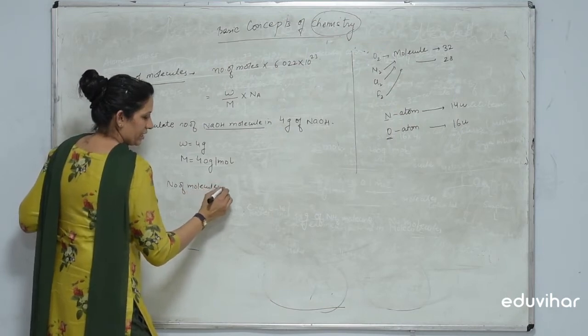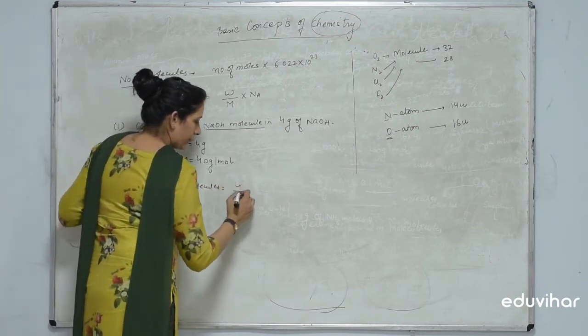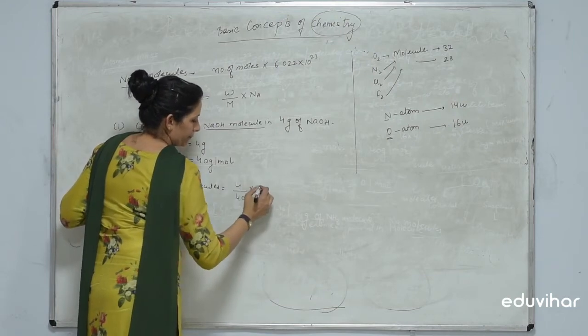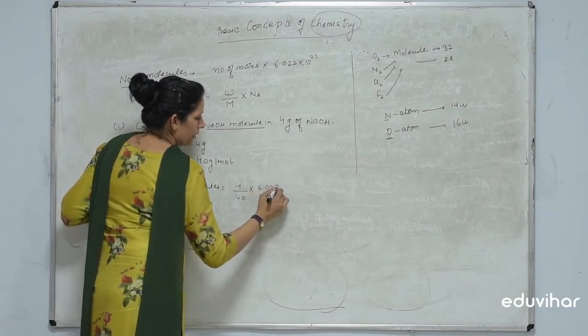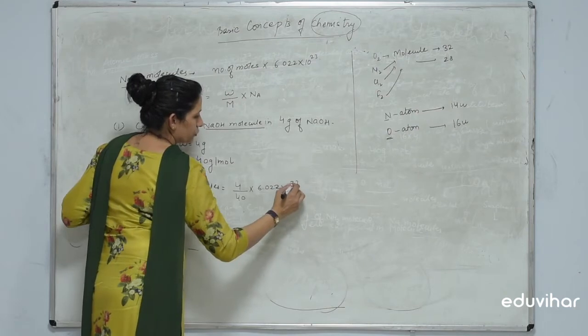molecules is equal to 4 upon 40 multiplied by 6.022 into 10 raised to power 23.